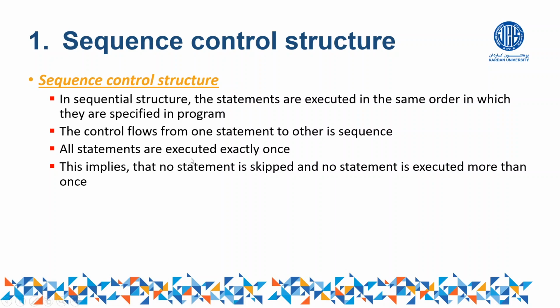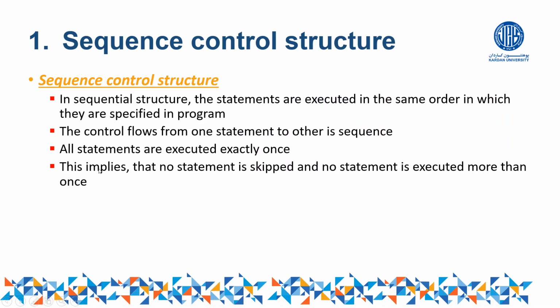All statements are executed exactly once. Now keep this thing in your mind, that the statements that you write in sequential control structure will be executed once. No statement can be executed 2 times or 3 times. All the statements will be executed exactly one time.